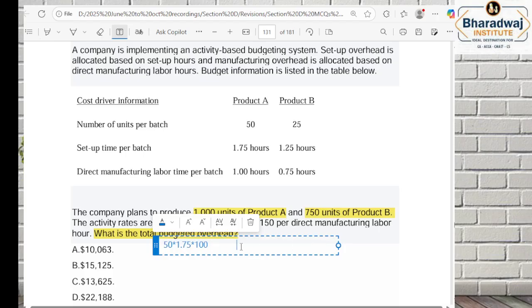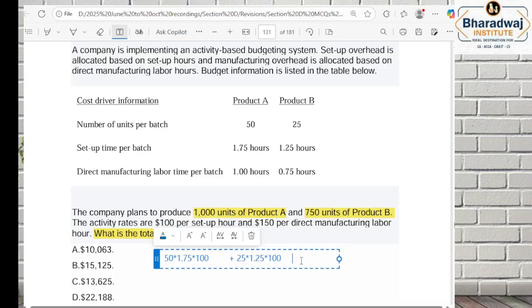Plus the other one. 25 into 1.25 into 150. Sorry, 100. How much do you get total for this? Other one 50 into 1 into 150.